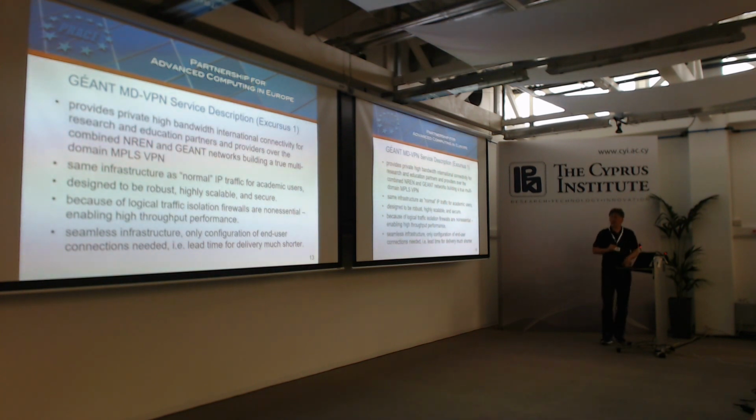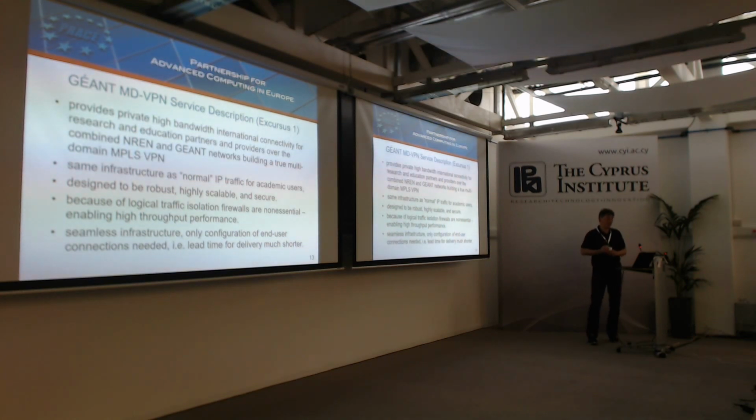So in the meantime, GEANT provided a new service, the multi-domain virtual private network service. It provides private high bandwidth international connectivity for research and education partners, with the combined GEANT and NREN network, building a true multi-domain MPLS VPN. At the end, it's what we need on a virtualized basis.